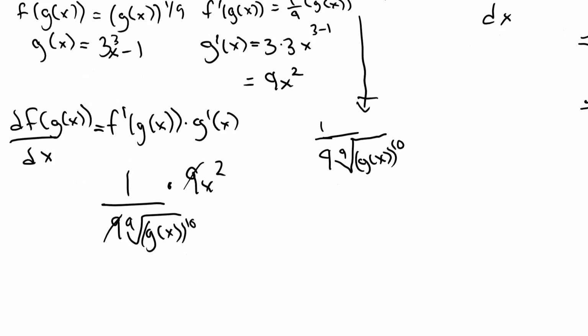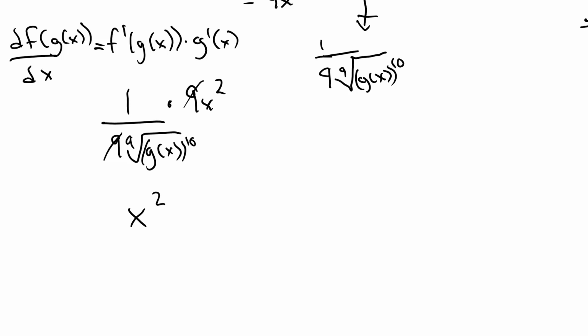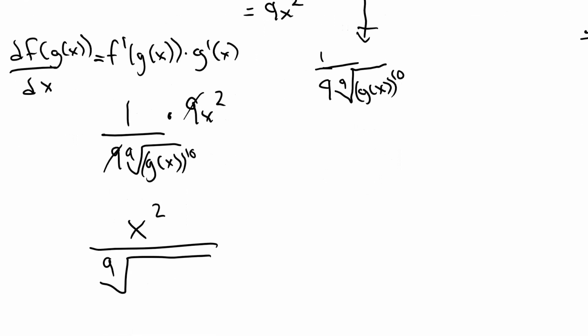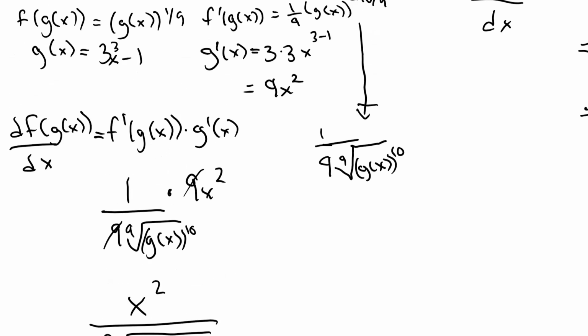Nines cancel. We've got x squared over 9th root of g of x to the 10th. G of x is 3x cubed minus 1. And that's our final answer.